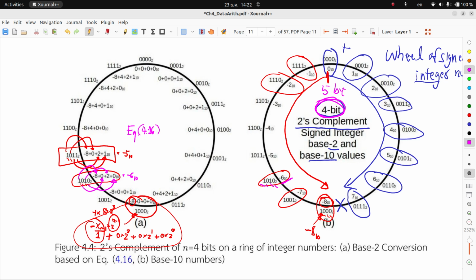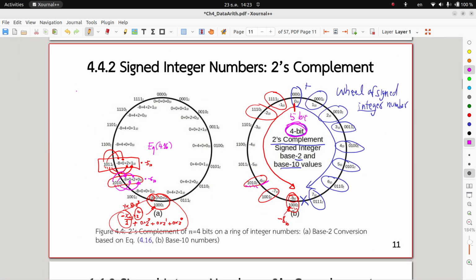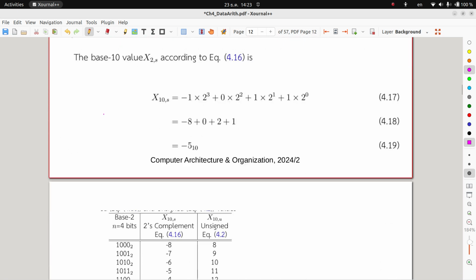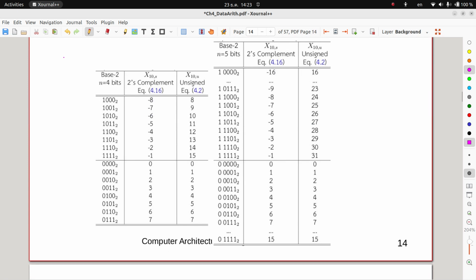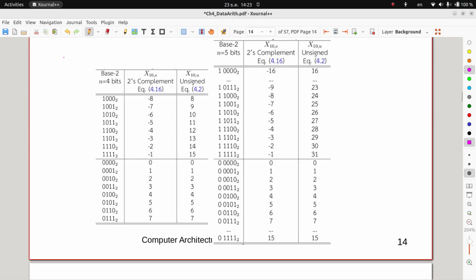The circle is going to be bigger and bigger to represent more numbers. So I cannot draw the circle like this. I would rather use the table on page number 14.